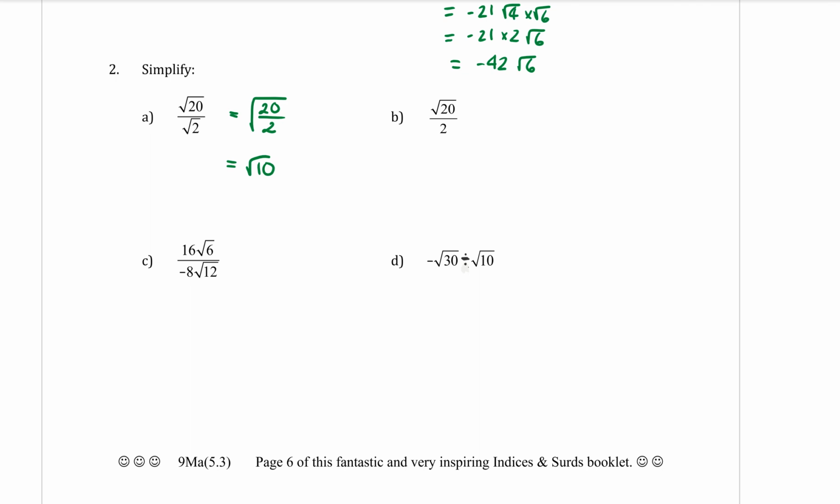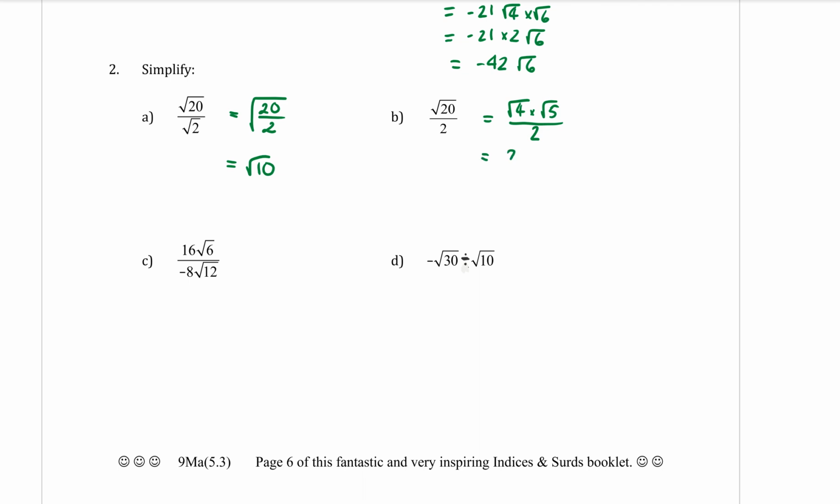So 20. 5 and 4. 4 is the perfect square. So go square root 4 times square root 5 over, and we're just leaving that 2 there. It's just got to wait until I'm ready to deal with it. We're simplifying the surd on the top. So square root of 4 is 2.